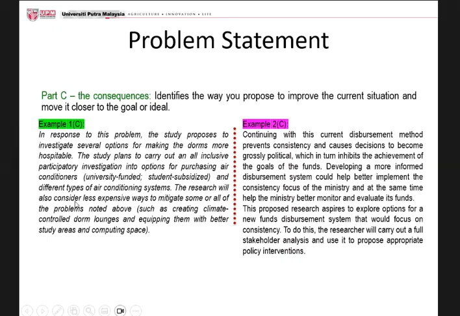The research will consider less expensive ways to mitigate some or all of the problems noted above, such as creating climate control dorms and equipping them with better study areas. So in the last part, you provide some solution, a possible way to apply the solution, and that then leads to the objective. So this could be one way for you to write the problem statement.